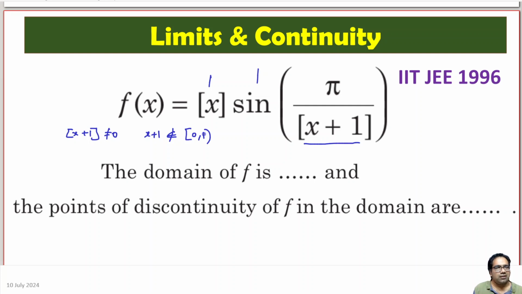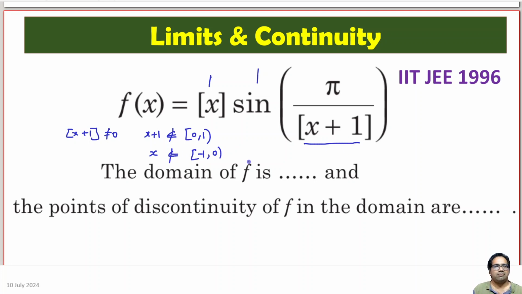X plus 1 cannot be any number lesser than 1 and lying between 0, even if it is 0.9, because greatest integer function of 0.9 is equal to 0. What does that mean? X cannot lie between minus 1 and 0. Again, 0 minus 1 is minus 1, 1 minus 1 is 0. Same thing, x cannot belong to this set.